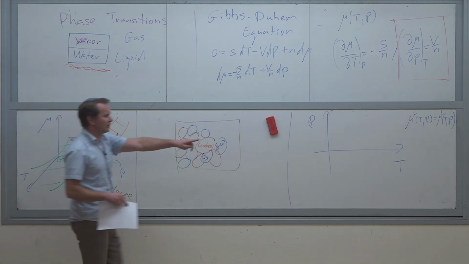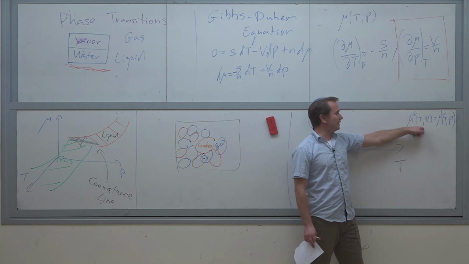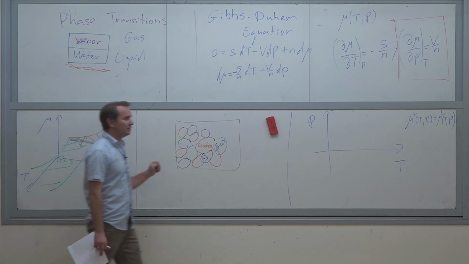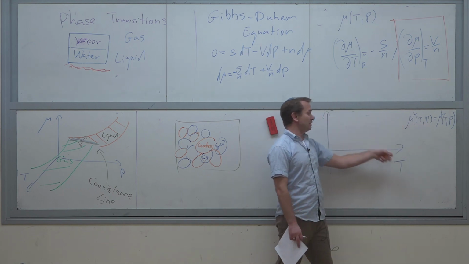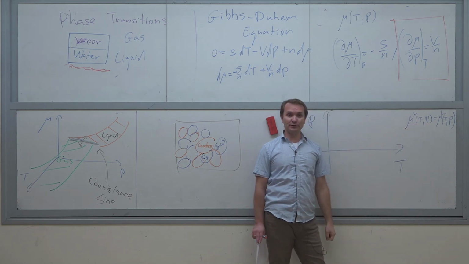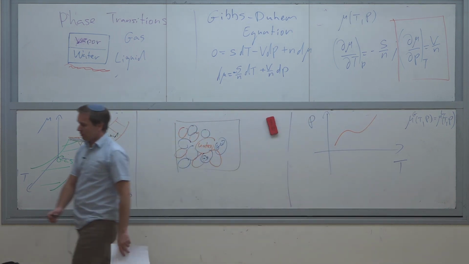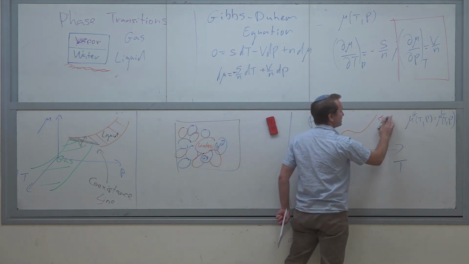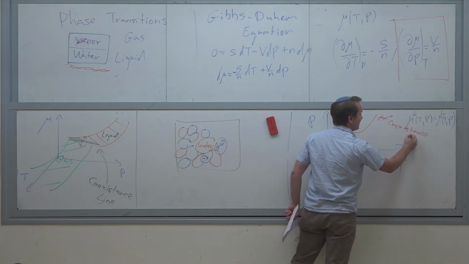Now look at this equation over here. It is describing this coexistence line. So for the coexistence line, from this equation we can obtain something that is relating T and P. We can forget about mu and say from this equation P is some function of T, and we can plot it. And this function that we obtained from this equation is the coexistence line.